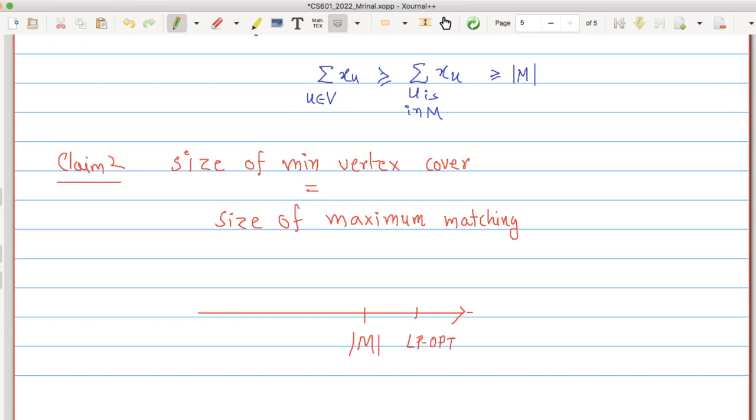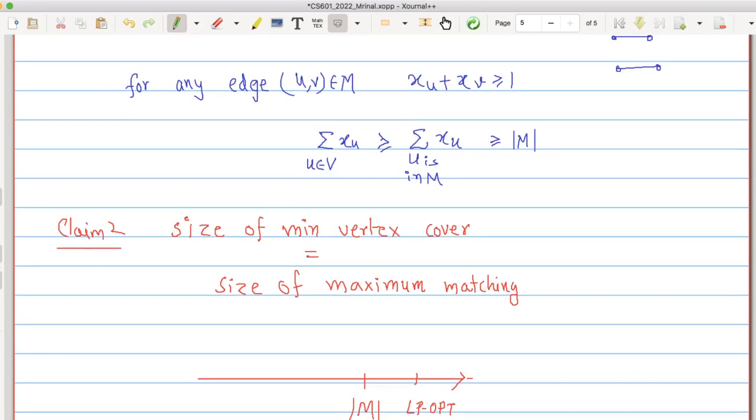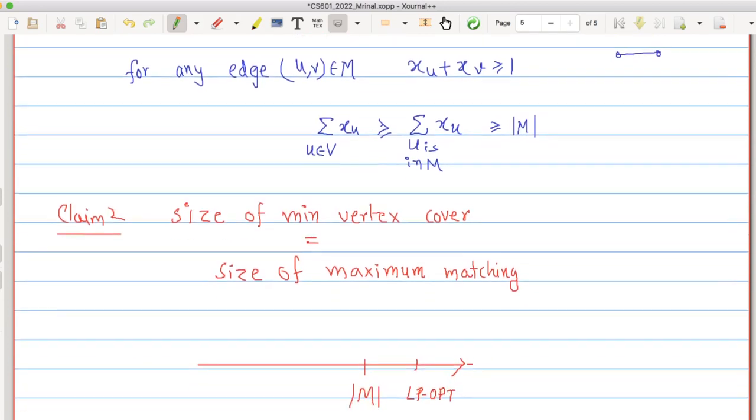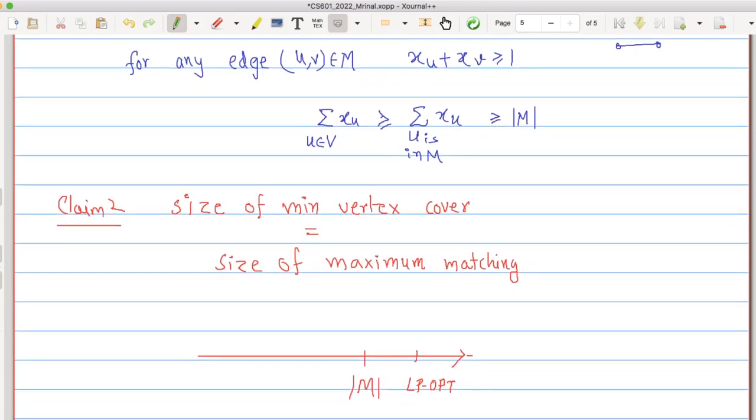But we also know that the minimum vertex cover is a feasible solution for the LP, right? So whatever the minimum vertex cover is, its size would be somewhere higher than the LP optimal. It cannot be lower. It could be higher or equal, right?